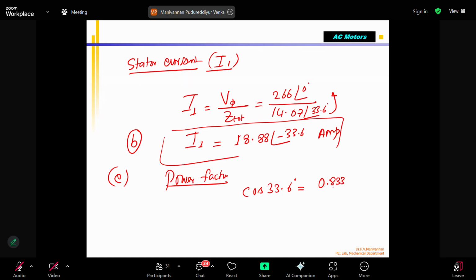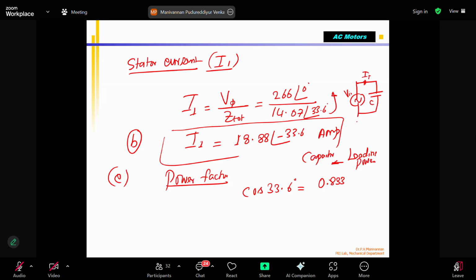Power factor is 0.833. Being an inductive load, when we talk about power factor, there is one called leading power factor. This is applicable to a capacitor. If I take an AC voltage and supply power to a capacitor, this is V in, and this is the I flowing to the capacitor.